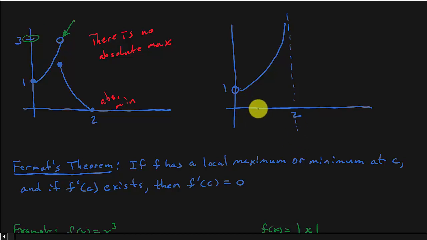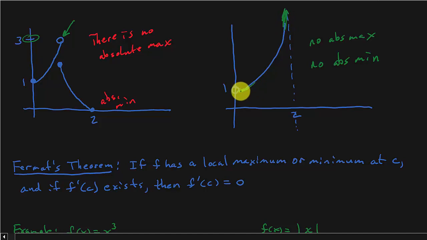And then this one, what about this one? There is no absolute max and no absolute minimum. There's none in this. See, this graph is just increasing forever.